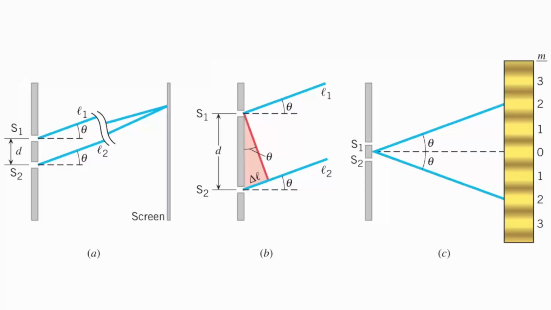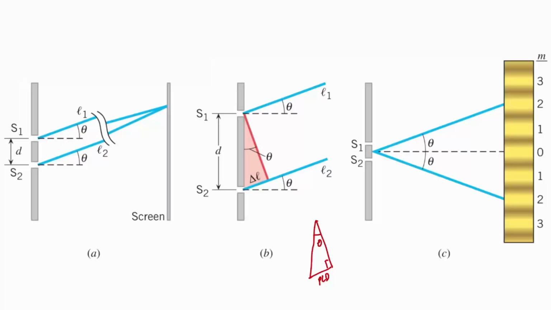We call that a path length difference, or a PLD. It's delta L in this diagram right here, but we have a right triangle. Don't worry too much about this, it's more like derivation, but I just want to help you understand. Here's our path length difference on this side. This is a right angle.